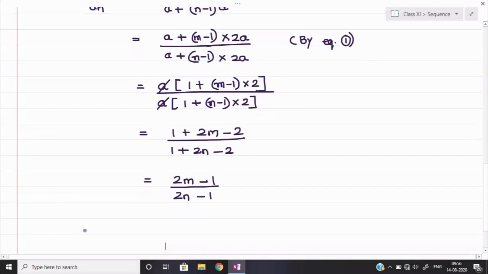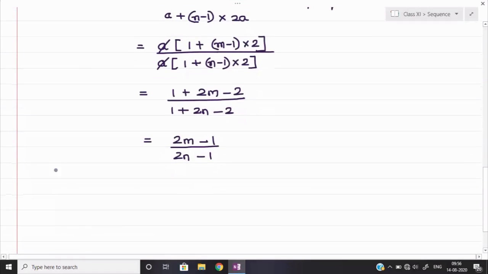So therefore we can say that the ratio of the mth term with the nth term is equal to 2m minus 1 ratio 2n minus 1, and that was only required to be proved. So now we can say that hence it is proved. Okay, now let us see the next question.